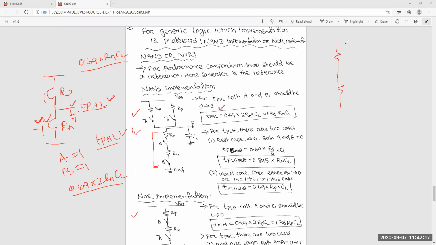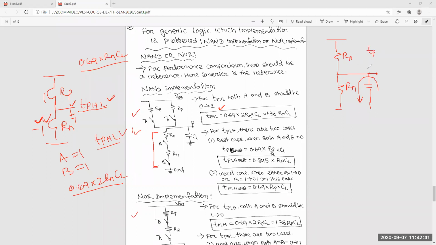Now you can ask any question if you have doubt. This is Rn, this is Rp, this is your CL, this is the inverter. Now this goes 1 to 0, meaning CL will discharge in this path. Yes or no? Then TP will be your propagation delay.